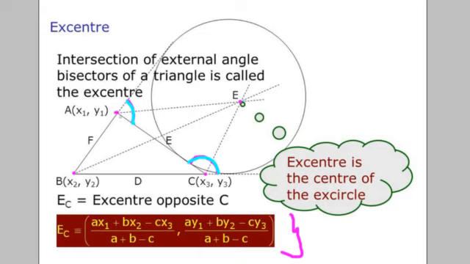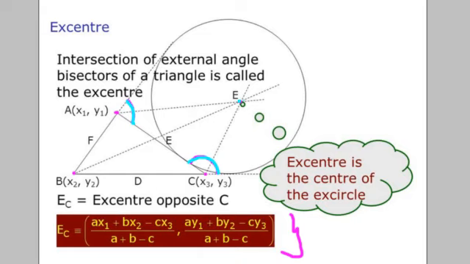Here, AE bisects the external angle of the given triangle. Similarly, EC also bisects the external angle of the triangle. If we produce these bisectors outside the triangle, they will meet at the point which is called the excenter of the triangle.